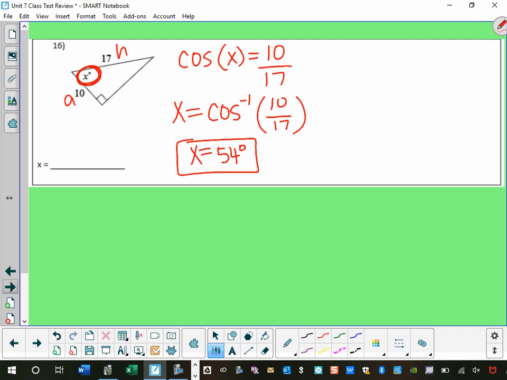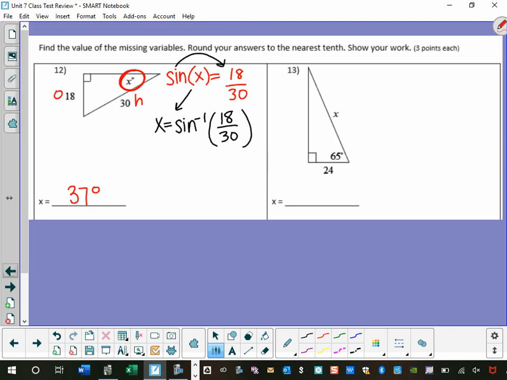Look at number 13. Let's go back. All right, which angle do I want to use? 65. Yeah, 65, the only angle I can use. The top one is labeled and the bottom one is a right angle. We never use that one. All right, 24 is adjacent. X is hypotenuse.